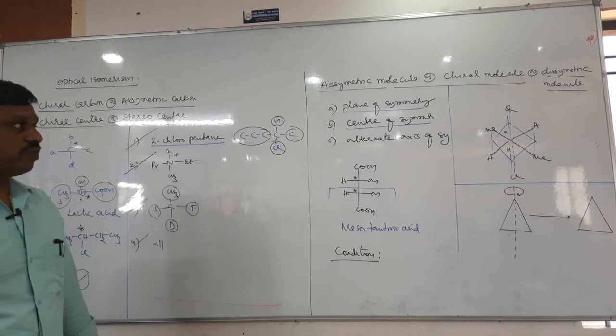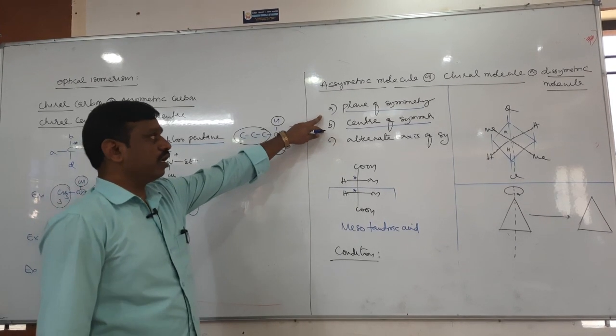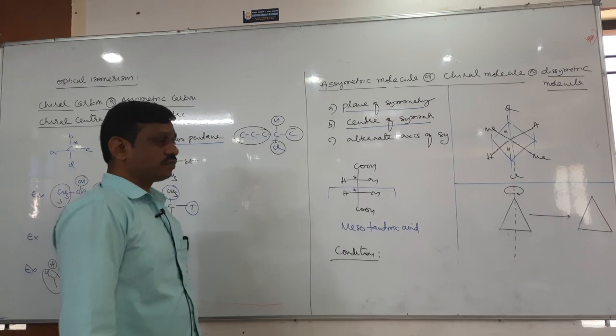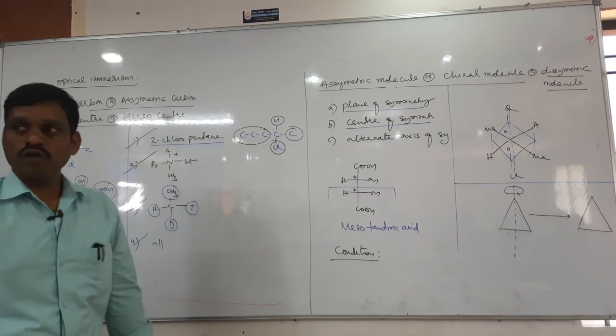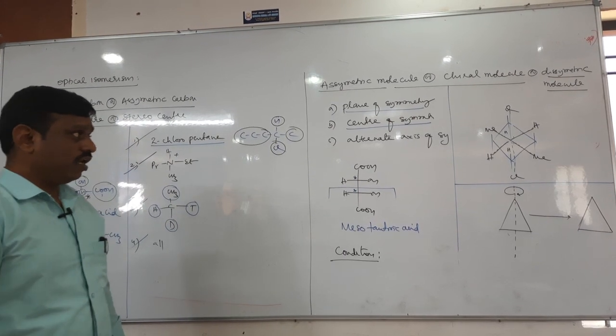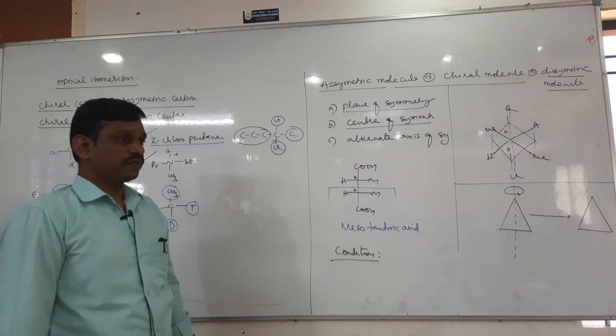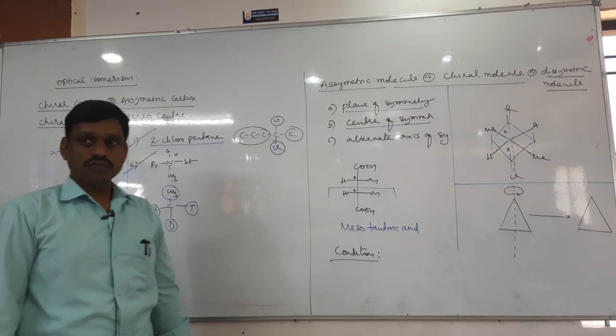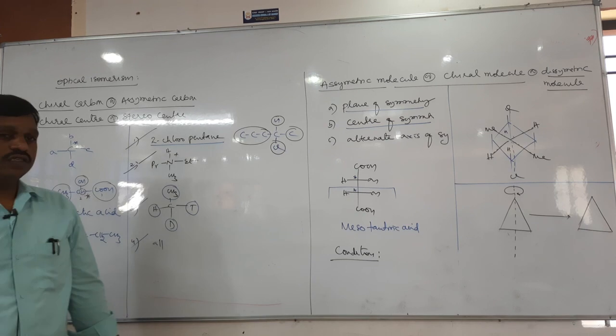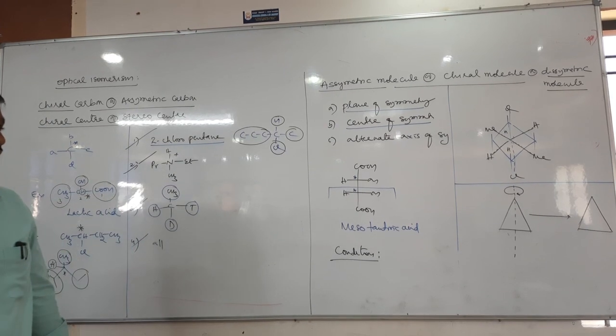What are the 3 elements of symmetry? Take this: A, plane of symmetry; B, center of symmetry; C, alternate axis of symmetry. Plane of symmetry, center of symmetry, alternate axis of symmetry.